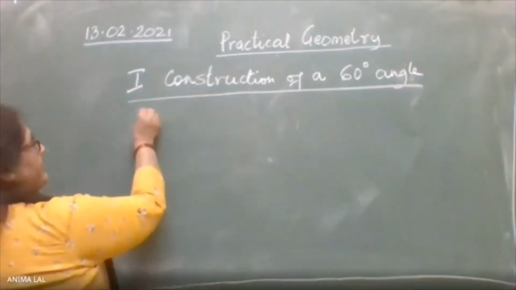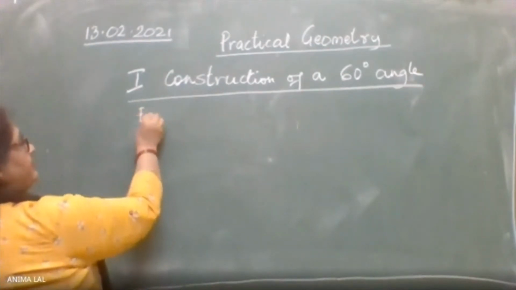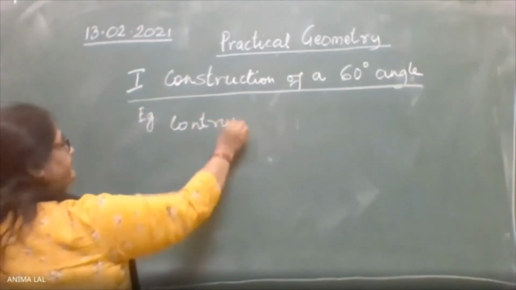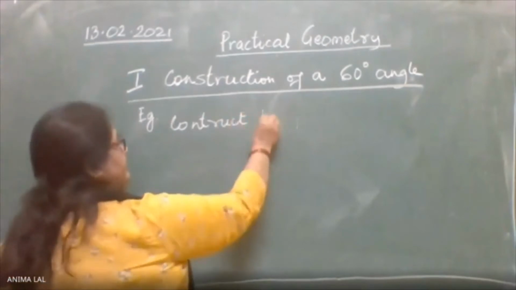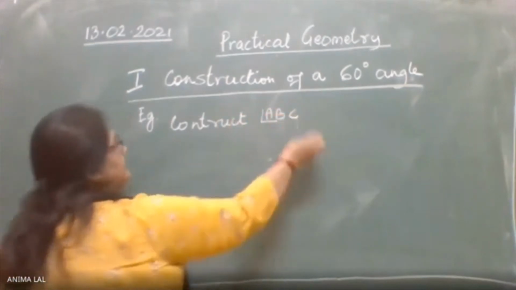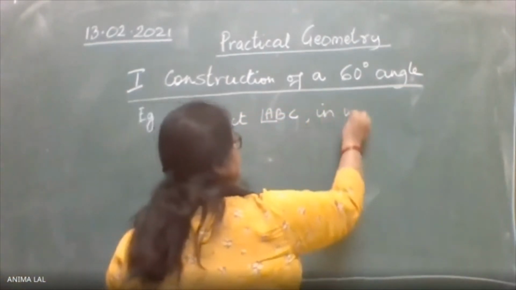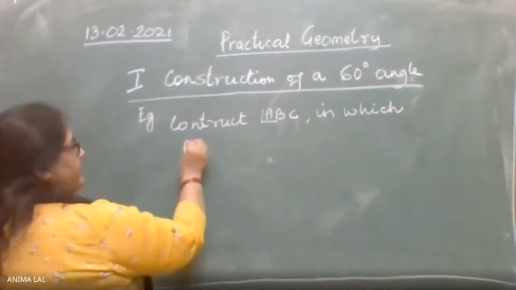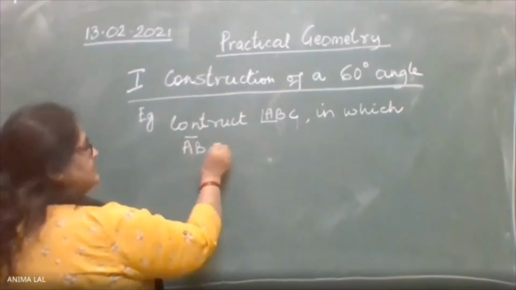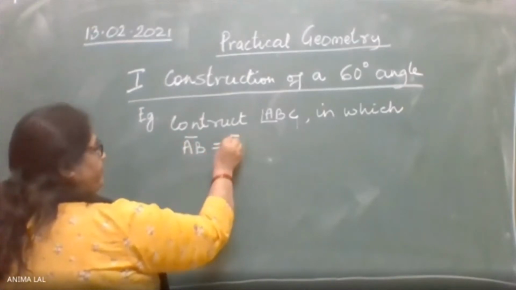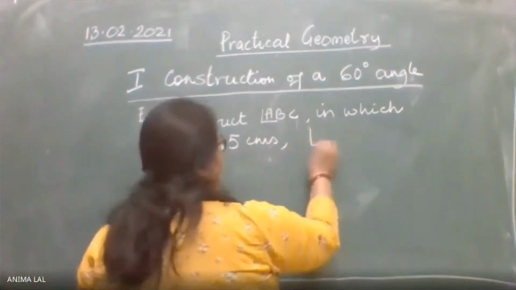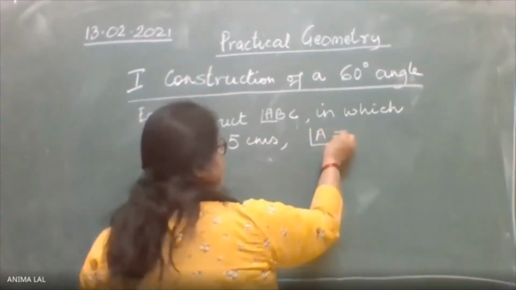I'm going to give you an example about construction. Construct angle ABC in which AB is equal to 5 centimeters, angle A is equal to 60 degrees.